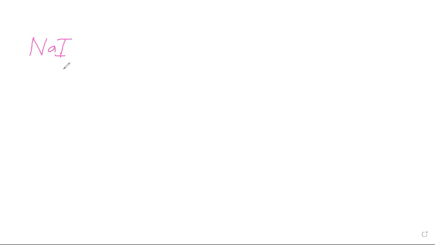So again, to get the molar mass of sodium, you have one atom multiplied by the atomic mass of sodium, which is, using my periodic table here with me, 23. So the atomic mass of sodium is 23 grams per mole.